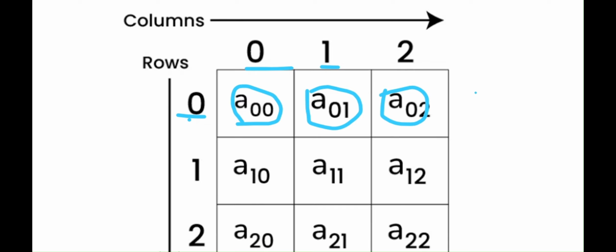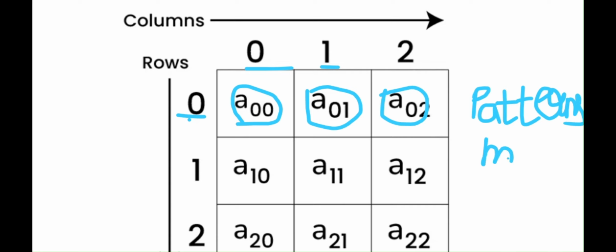These are also used for patterns. To print patterns, we mostly use two-dimensional arrays. These are always used for matrices.